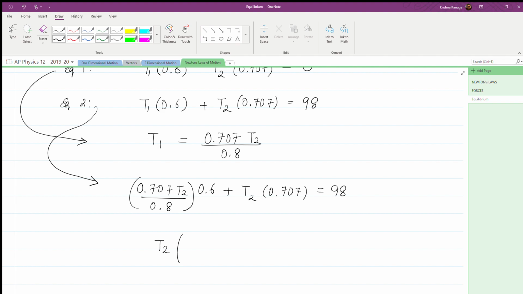So you have 0.707 times 0.6 and then divide this by 0.8 and you get 0.53. I'm just going to leave it as 0.53025, so I'll leave it as 0.53 and then plus T2 times 0.707, which is 98.